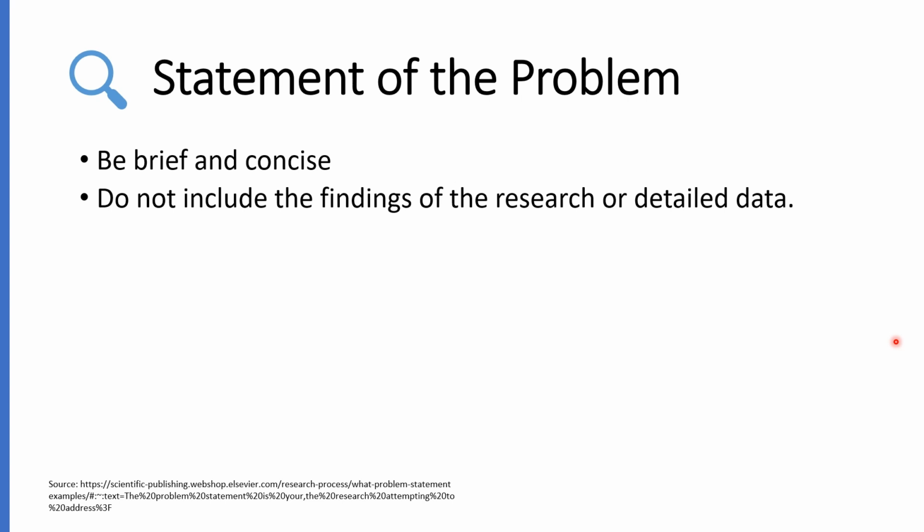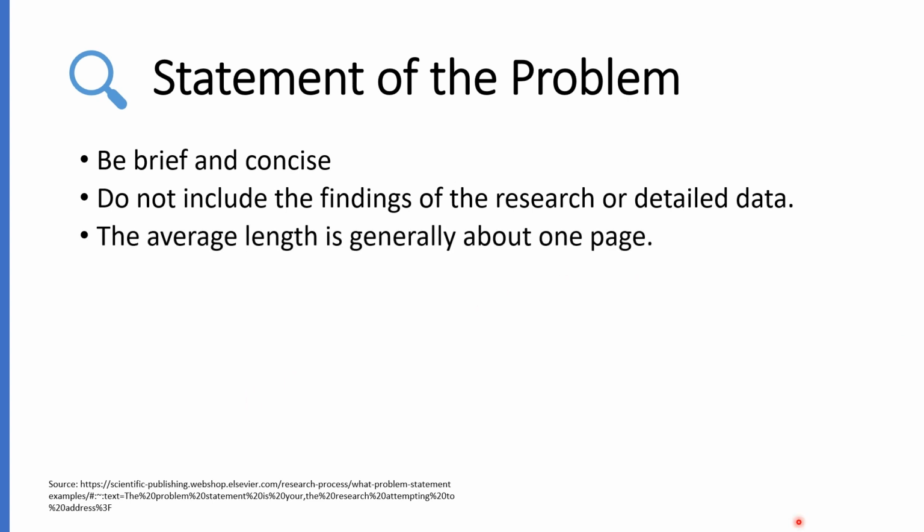So avoid discussing the findings of your research if you're already done with your research, or describing the detailed data that you have gathered from your data gathering. And since it is going to be a statement of the problem, as much as possible, the average length of your research problem statement should generally be at most 1 page.